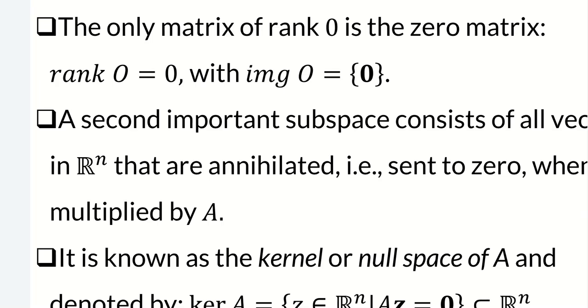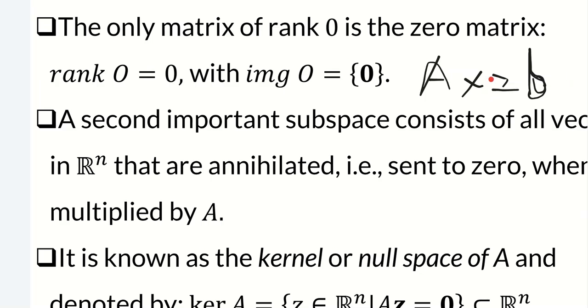So we have now seen the image, and we've also seen the rank. The next thing we want to talk about is the kernel, or the null space. This is also very, very important. You remember the linear equation formula, where I said when b is equal to 0, that is a homogeneous linear system.